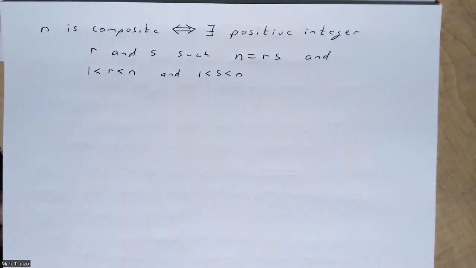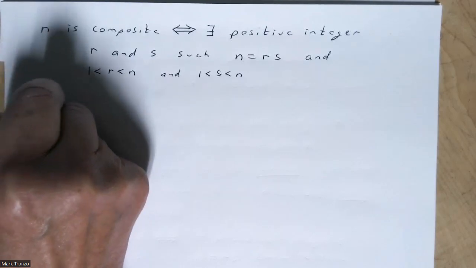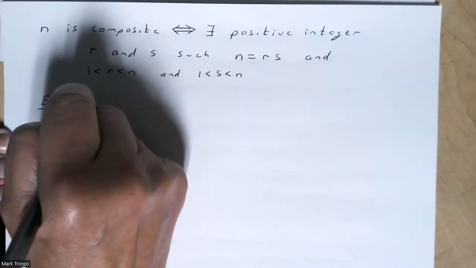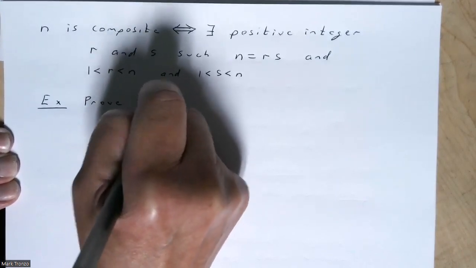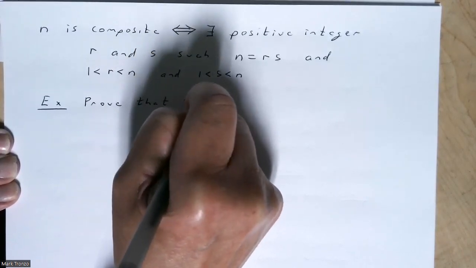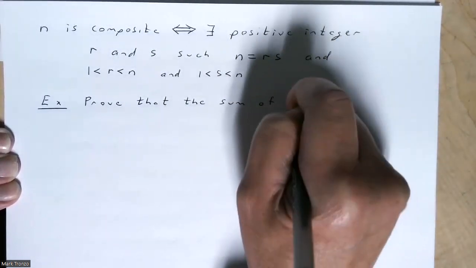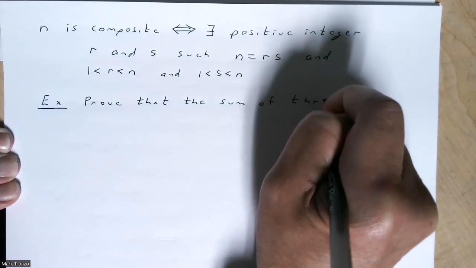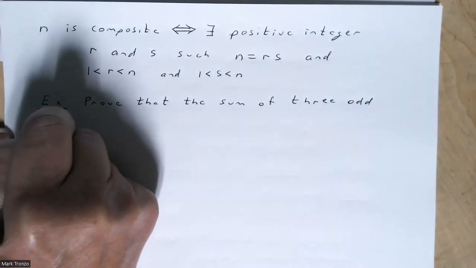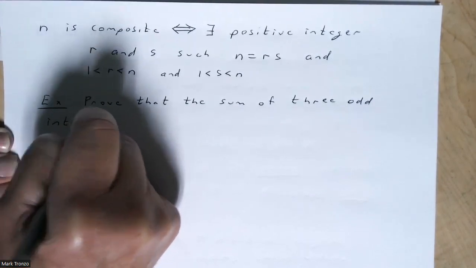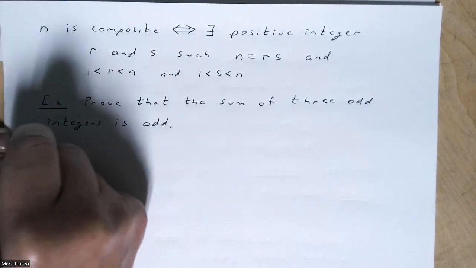Let's go ahead and go through some proofs here. And let's do this example. Prove that the sum of 3 odd integers is odd.